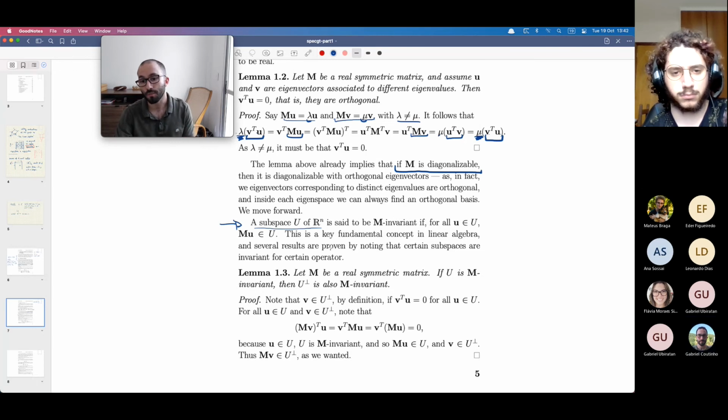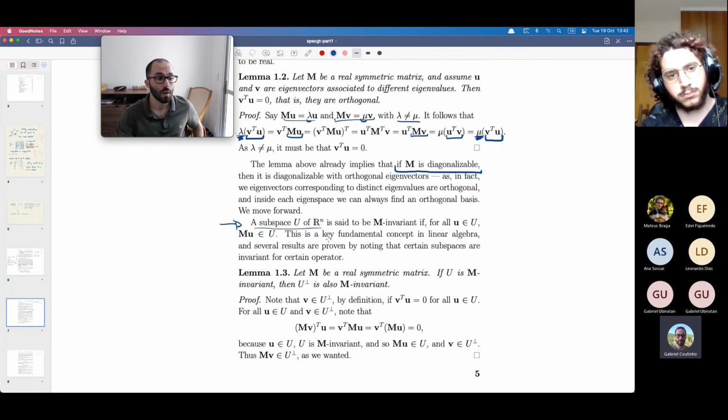This is a key fundamental concept in linear algebra, sometimes overlooked in linear algebra courses. So I would like to emphasize here that it is very important for you to understand what M-invariant subspaces are, okay?